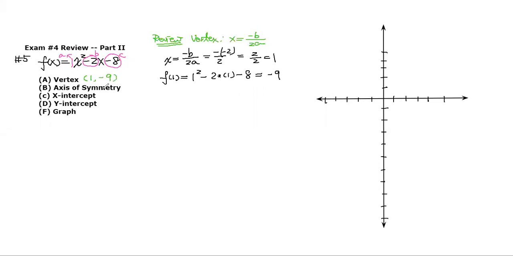And the axis of symmetry. Let's take a look at the review here.